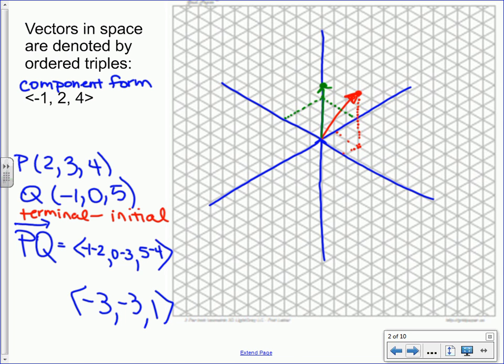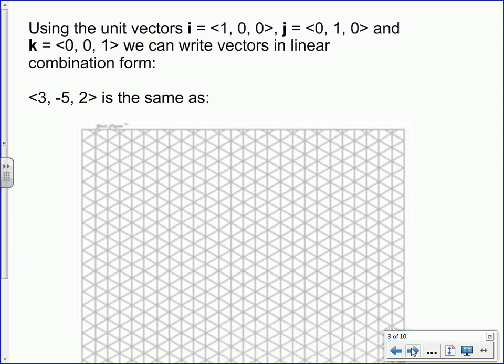Okay. Remember, we had the i's and the j's as our vectors. Okay. We are still going to have i and j, but now we have vector k. All right. So vector i is 1, 0, 0. Vector j is 0, 1, 0.